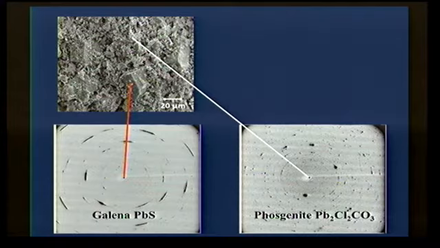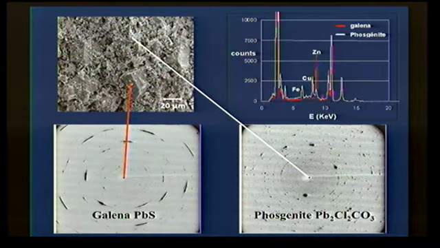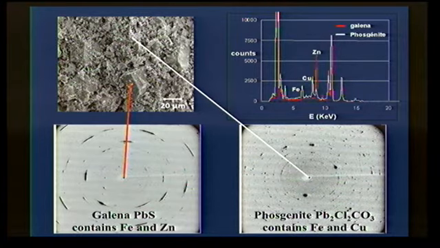The thing which is interesting is to combine this technique with the fluorescence technique. So we measure simultaneously the diffraction patterns and the fluorescence emission. And what is interesting here, we see those impurity patterns. We see here the fingerprints. So when we scan over this particular phase, we find that galena contains iron and zinc. These are the major impurities.